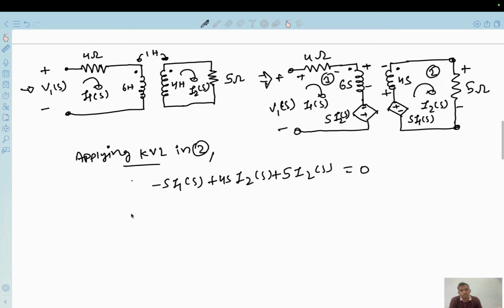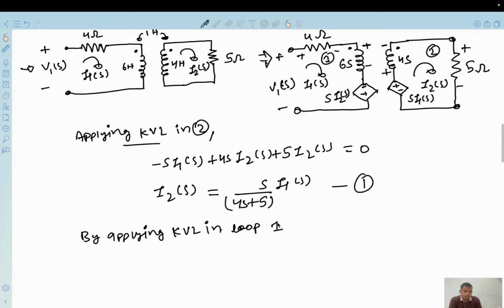So from here, what will be the value of I2S? I2S will be S I1S upon 4S plus 5. Let us suppose this is equation 1.